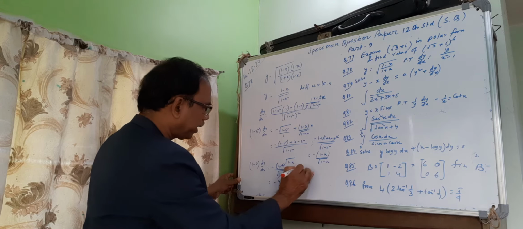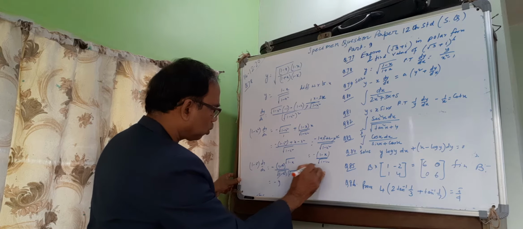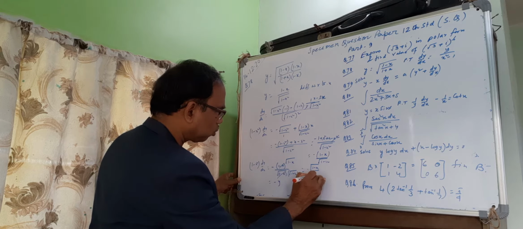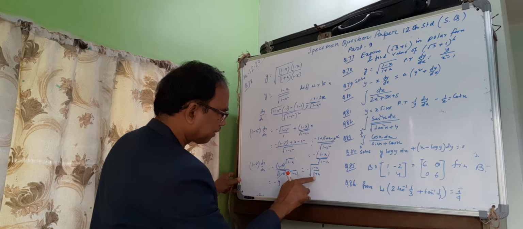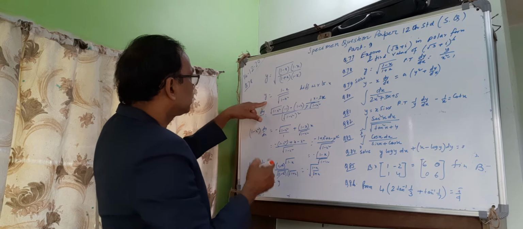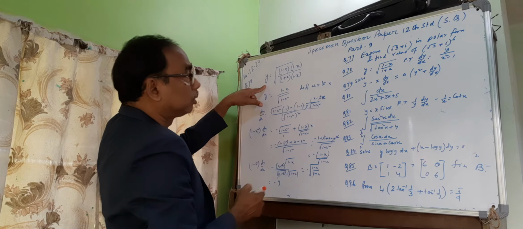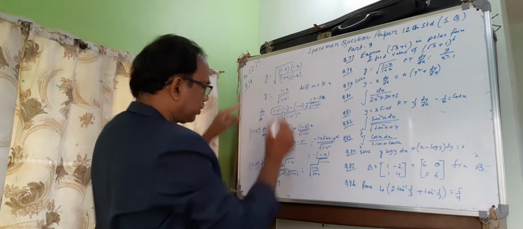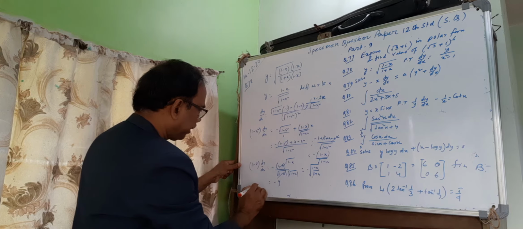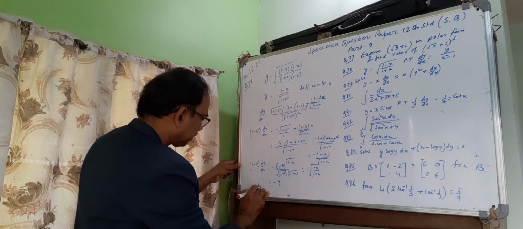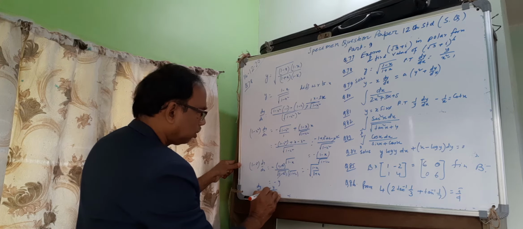That is minus y, we can write this equals minus root over (1 minus x) by (1 plus x). This is the y value of this. Then this equals y. Then dy by dx equals minus y by 1 plus x square.